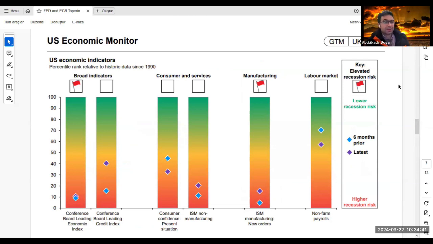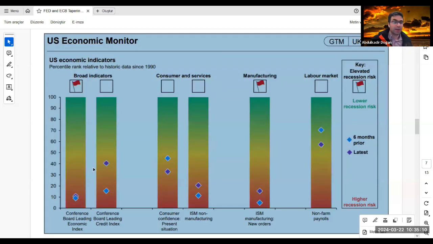And here, when we look at the overall economic indicators, the economic monitor of the United States, on the left-hand side, we have the broad indicators like the Conference Board leading economic indexes and the credit indexes. As you see over the 15 years, look at here, the light blue showing 6 months prior, and the purple is showing the latest, the current condition.